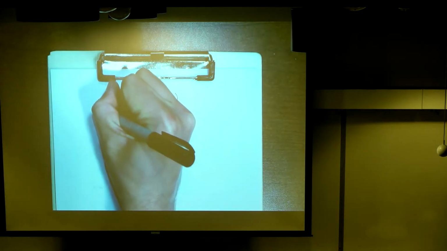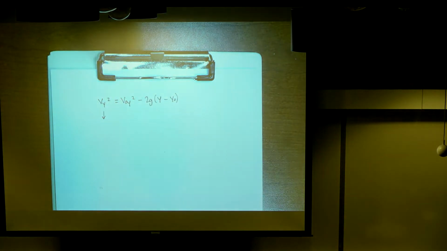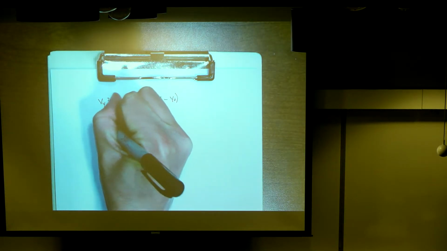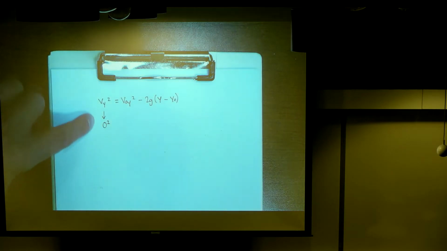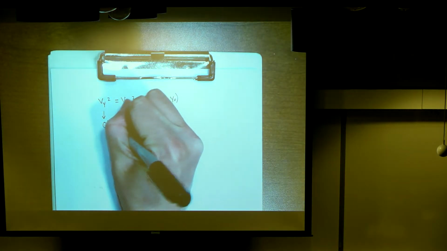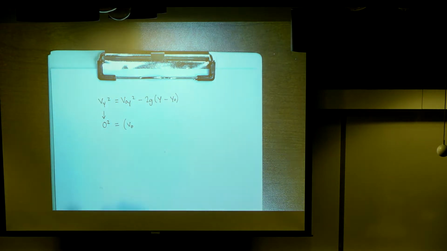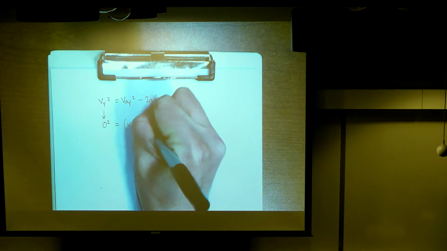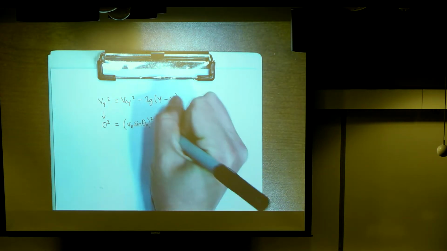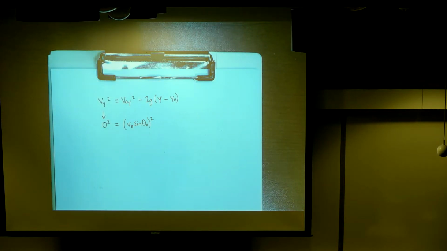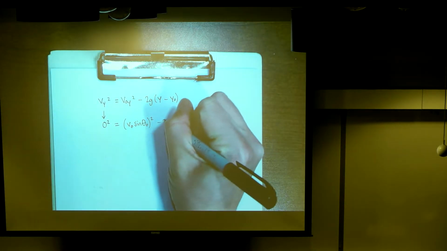And if we're trying to say that a projectile's reached its peak, we're going to set that final velocity in the y direction equal to 0. We just explained why that's the case, right? Initial velocity in the y direction, remember, would be our initial speed, v naught, times sine of the launch angle. And we're squaring that. Okay? And then I have minus 2 times g.